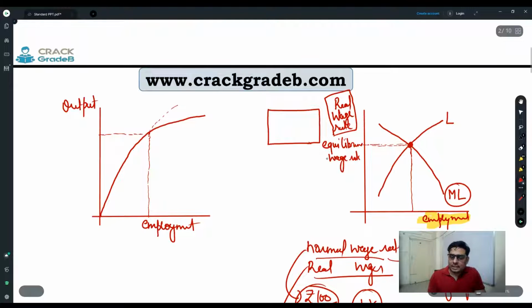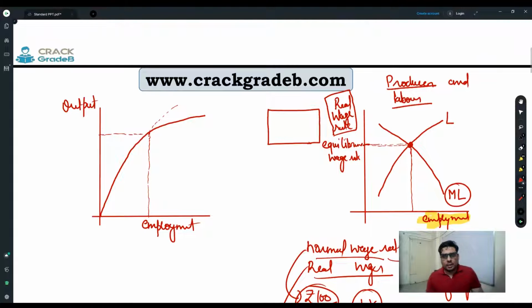At the equilibrium wage rate, it is very important because at this rate both producer and labor are agreed. The producer, at the wages he is giving, is definitely getting a profit.